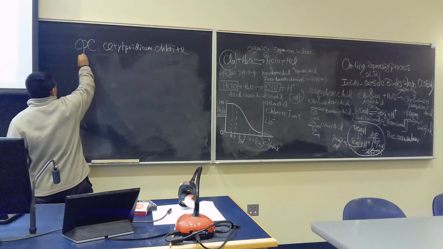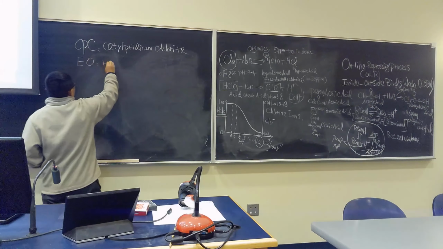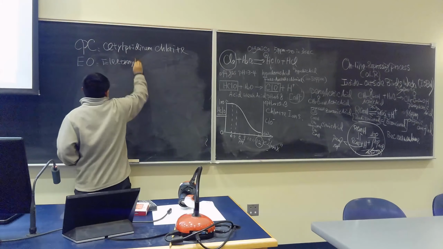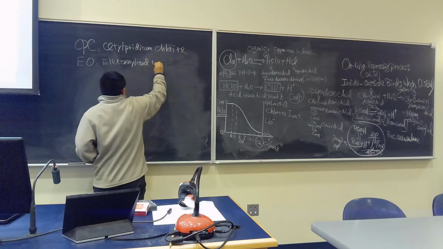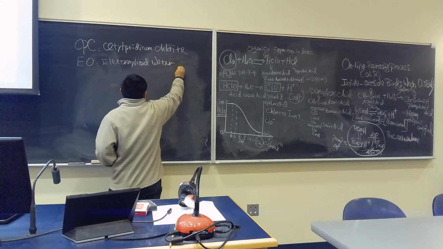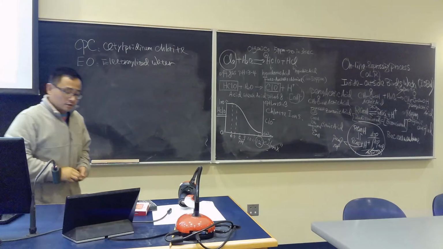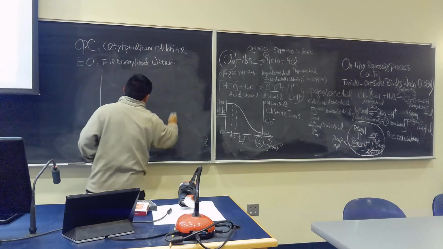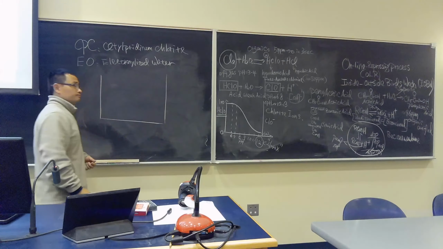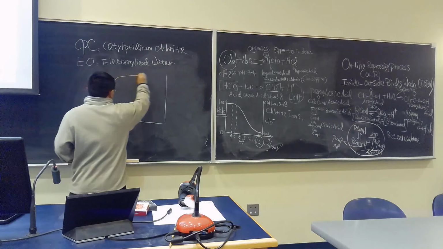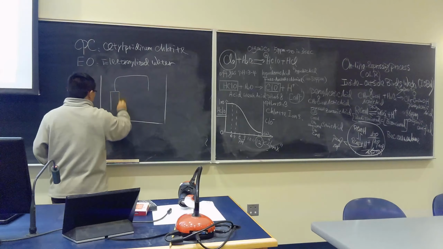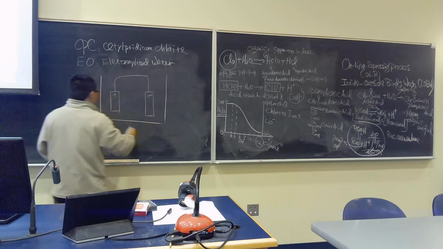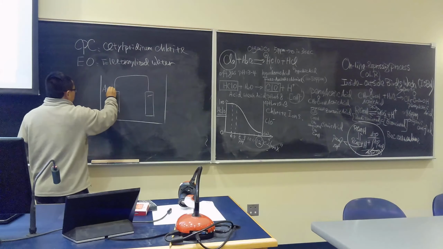We want to talk about this guy. EO. What is this? Electrolyzed water. I tell you what, this guy is very interesting. Electrolyzed water is very interesting. The European countries did a lot. There's a big chamber. We're going to have to charge them, positive and negative. This is called anode.